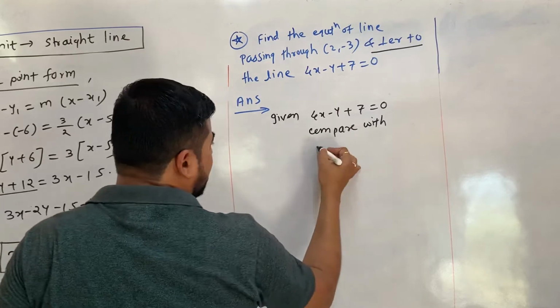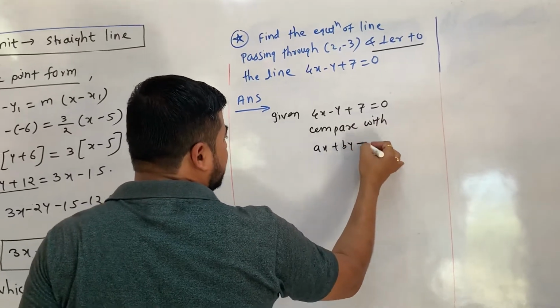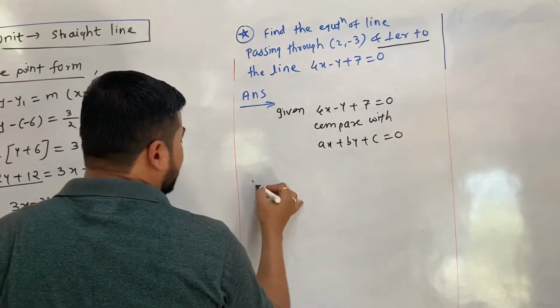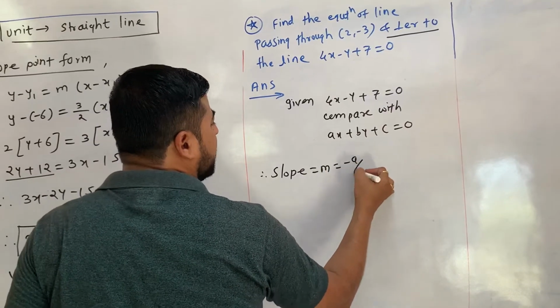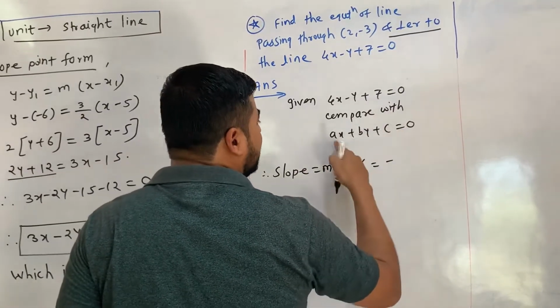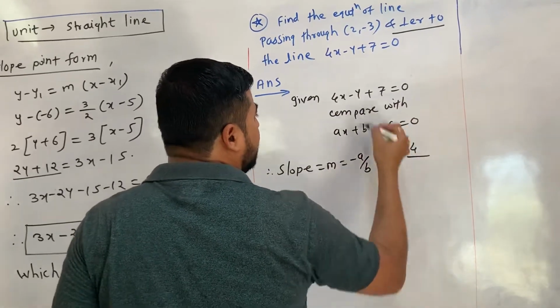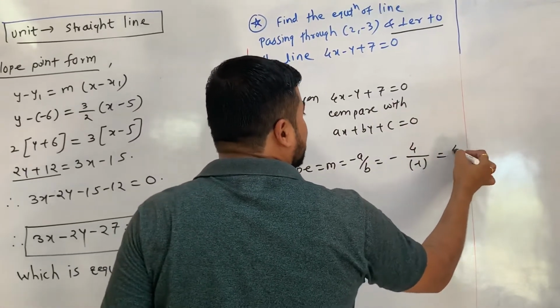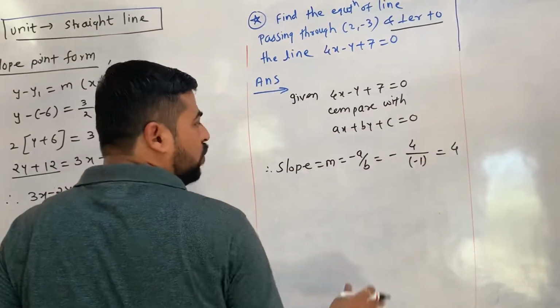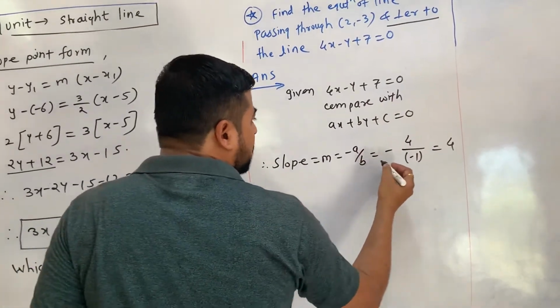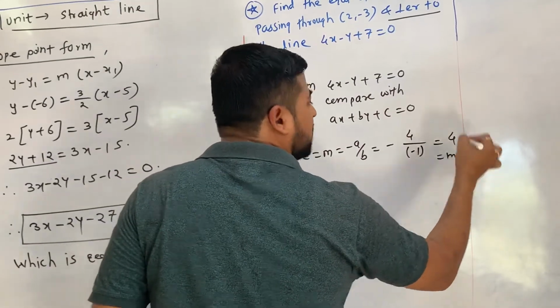Compare with ax plus by plus c is equal to 0. Hence the slope m is minus a upon b, where a is 4 and b is minus 1, that is 4 by 1, which means 4. We call this m1.